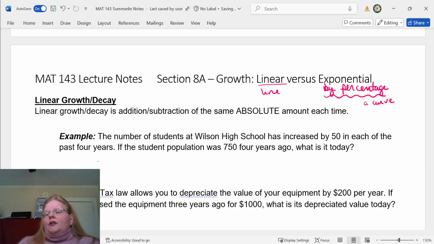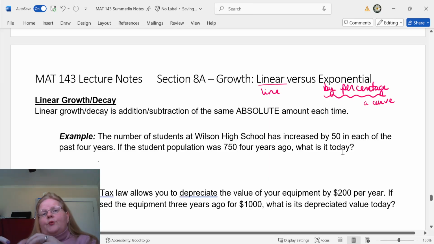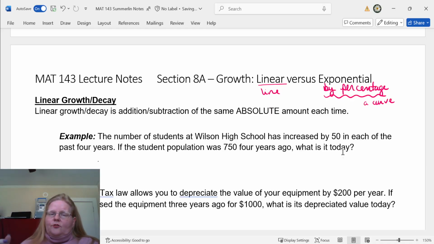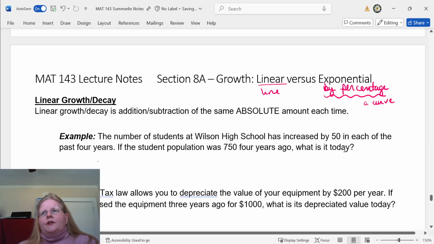Now, it's not going to look like a curve to you. Every time you see it, it's going to look like a line because we're getting a very up close picture of it. But if you look very, very far away, you'll see that it starts to curve. But because it's a percentage, it's obviously going to be a curve eventually. And it's the eventual part that you have to know about.